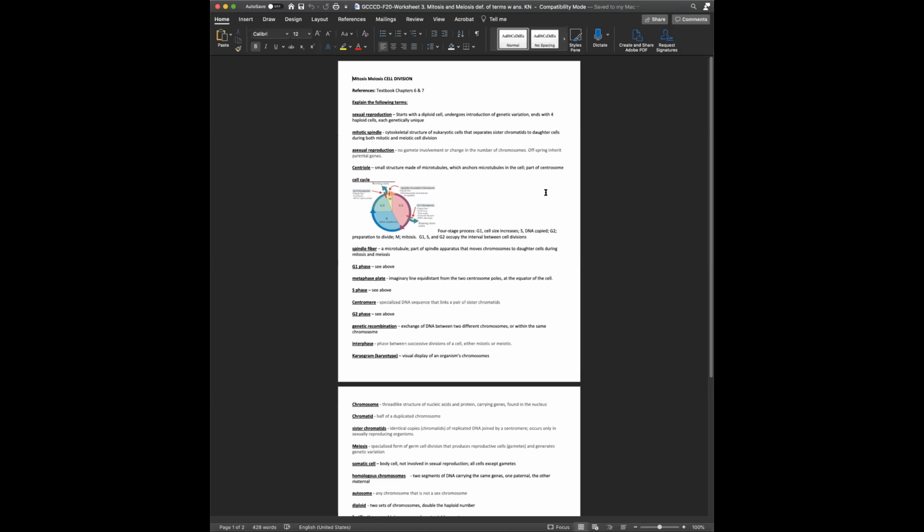And usually if mistakes are made in DNA replication, the cell aborts before it tries to divide. And then you have cell division as a small part of the cell cycle.